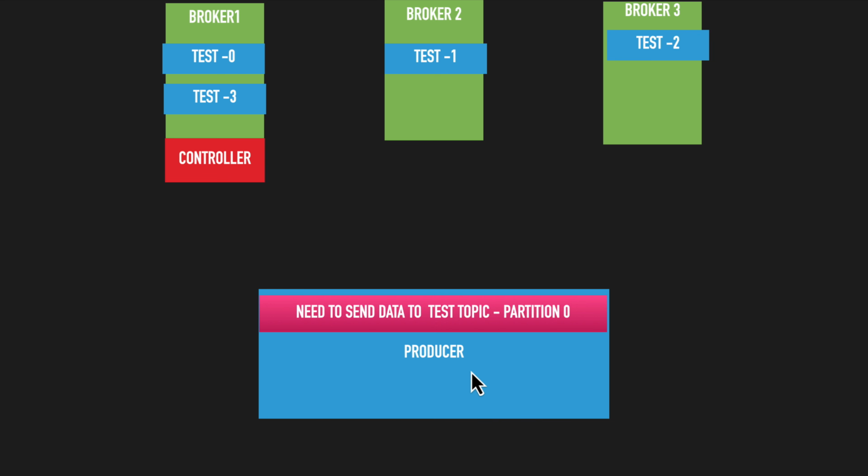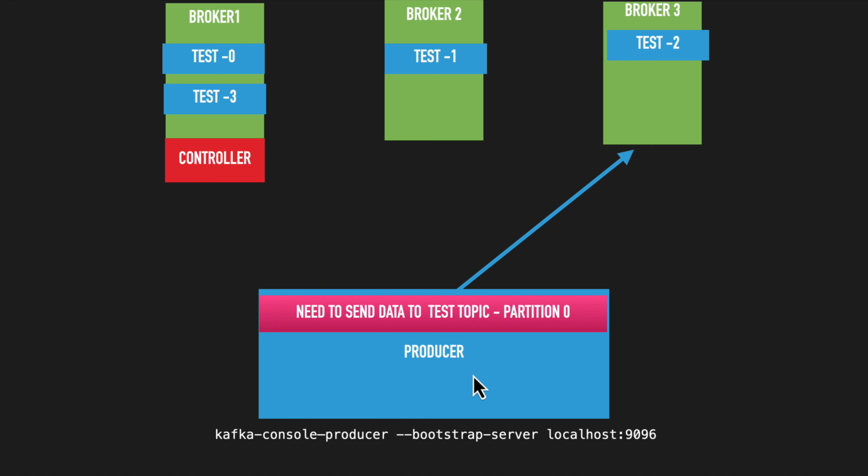Now this producer can actually connect to any of the brokers that is available inside the cluster. Let's say right now we are creating the producer by connecting to the bootstrap server localhost 9096. Imagine broker 3 has the port number 9096. Now this producer connects to one of the brokers available inside the cluster.